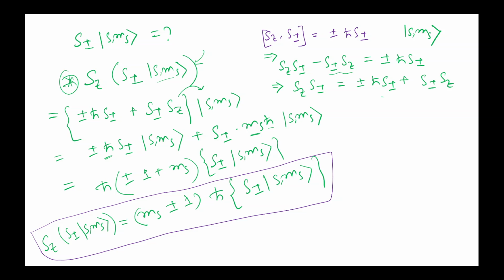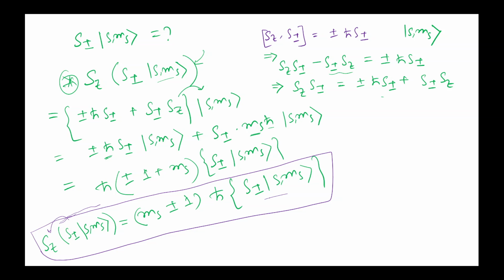So this whole S plus minus operating on |s, ms> will also return a function, right? Because this operator is operating on a function, which will return you a function. That's how an operator works. So this whole function is an eigenfunction of this Sz operator. And what is the eigenvalue? That is (ms plus minus 1) ħ, and you are getting back the same wave function, right?